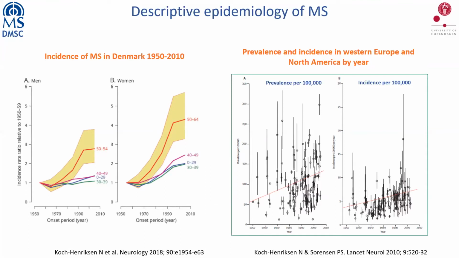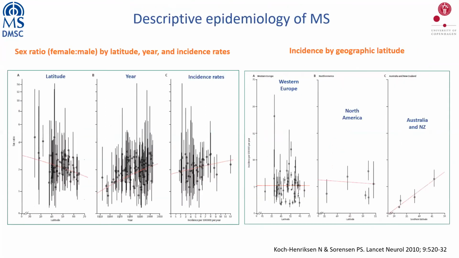We have also used register data to look at the prevalence and incidence in Western Europe and America by year. And this confirms the increase in prevalence and incidence from 1950 to 2010. We also looked at the sex ratio and found that the female-male sex ratio decreases by increasing latitude.